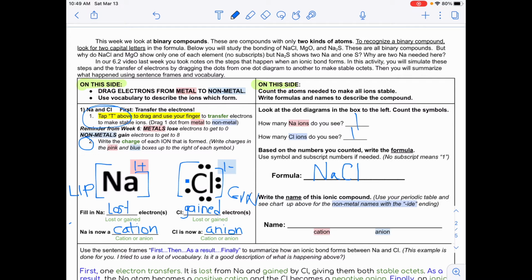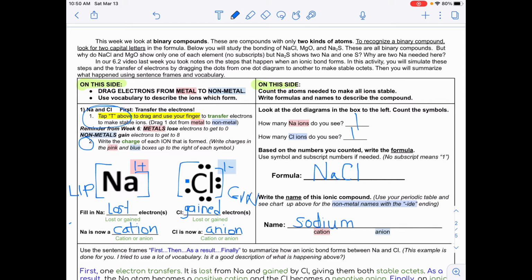Now write the name of this ionic compound. Use your periodic table and see the chart up above for the nonmetal names with the "ide" ending. We name it by saying the cation first, Na. If you need to, you can look at a periodic table, and it is sodium. We do not change the name of the cation. It's the same as on the table.